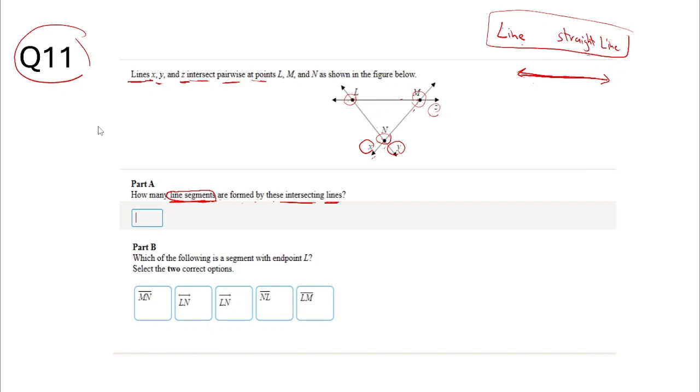For the ray, it has one ending point, and the other side has the arrowhead. Let's say this is A. So this is the ray.